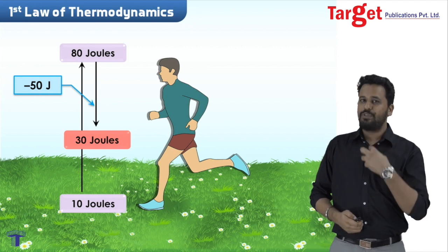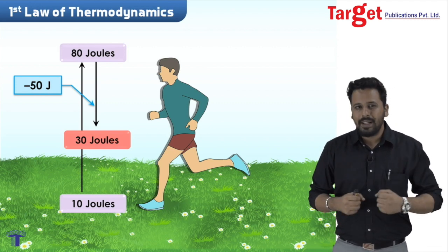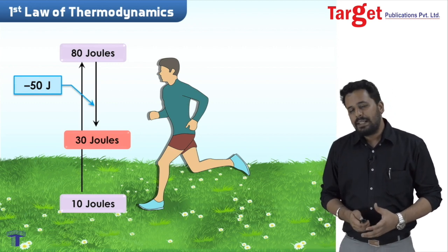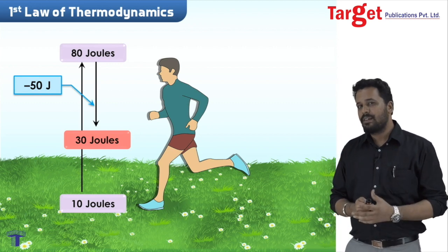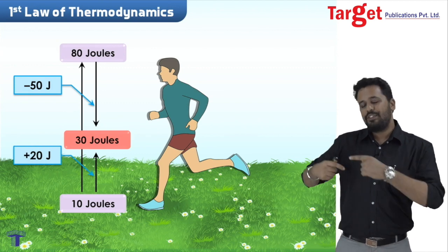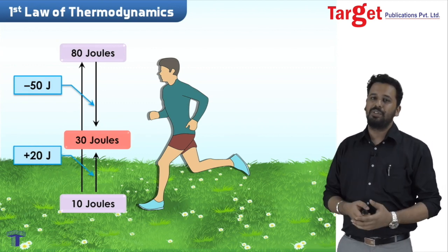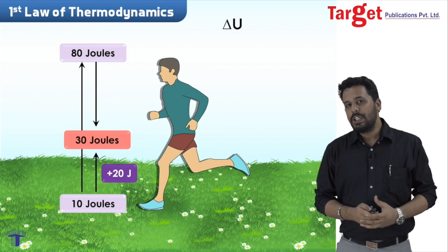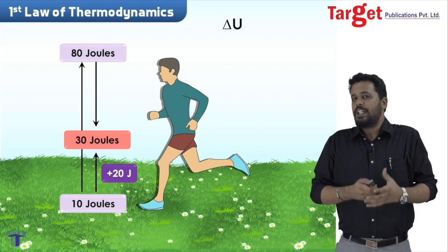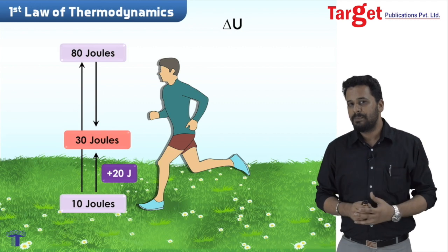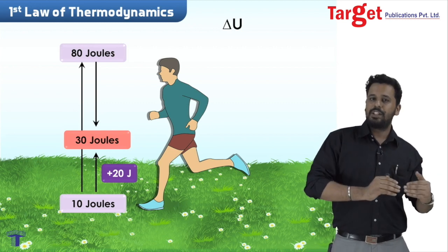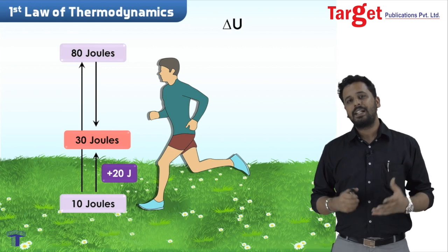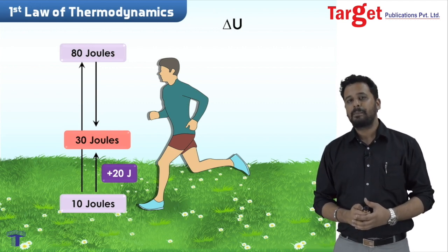So initially he was at 10 joules, now he is at 30 joules of energy. After consuming some food and doing some exercise, he is now at 30 joules of energy, which means that now there is a difference of 20 joules if you compare it with the original position. So I can say that this 20 joule is nothing but the change in internal energy, that is delta U. Earlier the internal energy was 10 joules, now it is 30 joules, which means delta U has been plus 20.